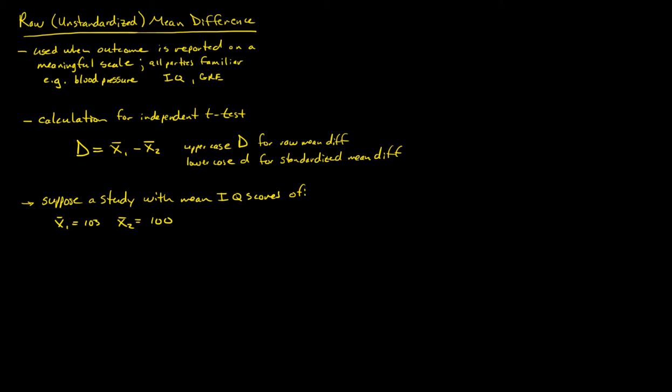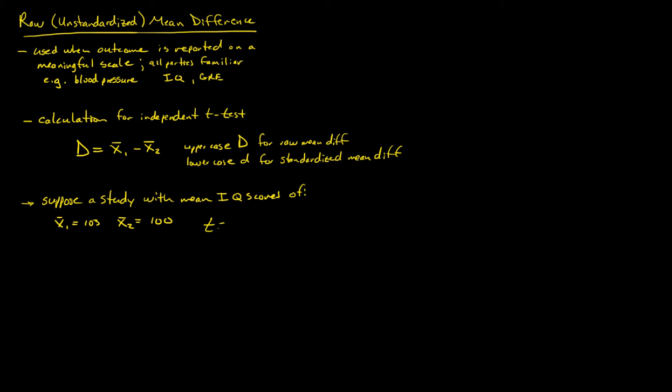And suppose that there was some intervention where group 1 got some kind of reading program or memory program or test taking program that was going to help them increase their IQ, and group 2 didn't get it. What we're basically saying with this raw unstandardized mean difference is that it's just the top half of the t equation.